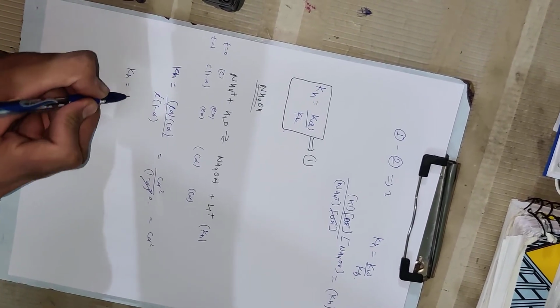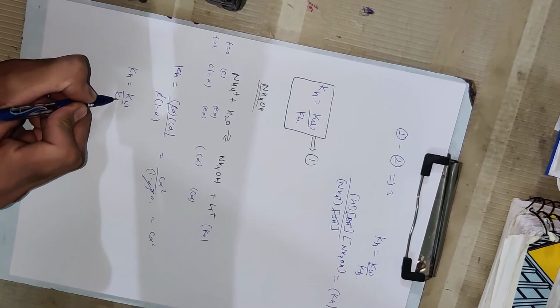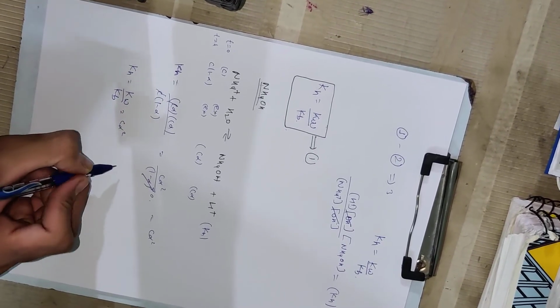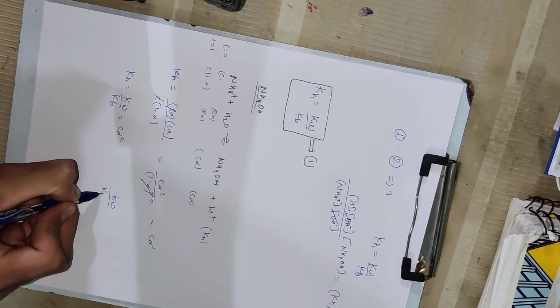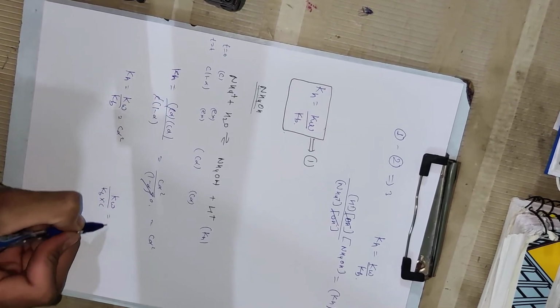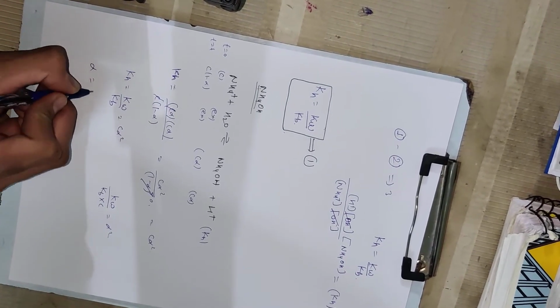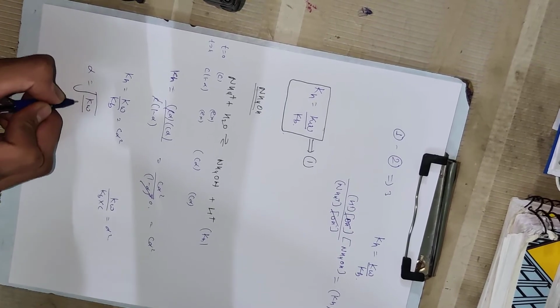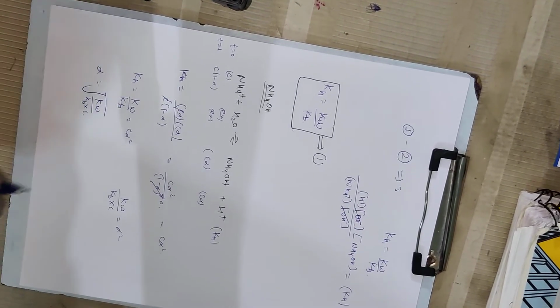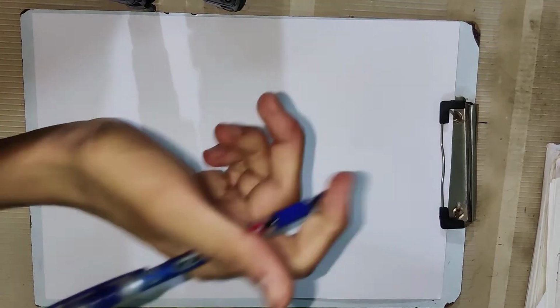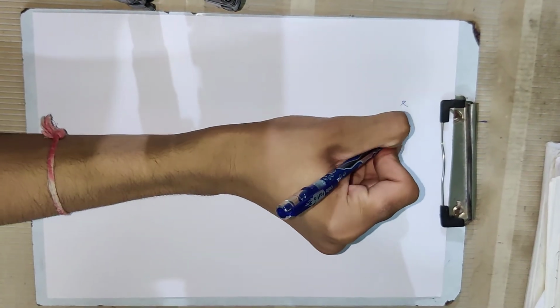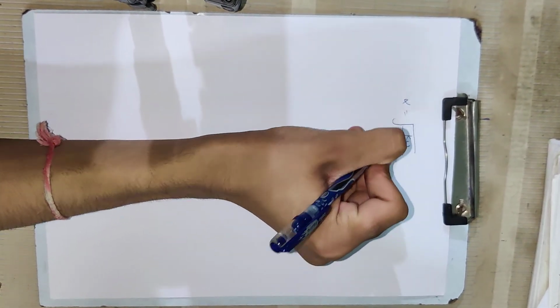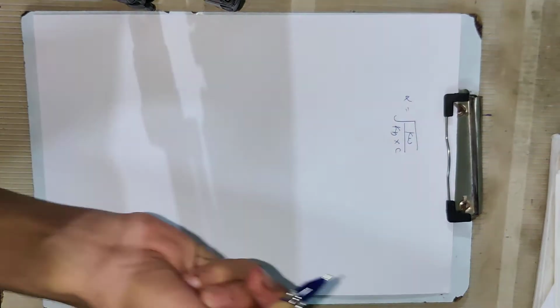So Kh equals Kw upon Kb equals C alpha square. So Kw upon Kb into C equals alpha square. So alpha equals under root of Kw upon Kb into C.